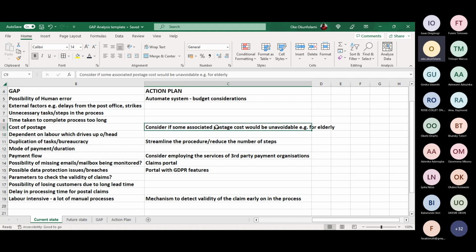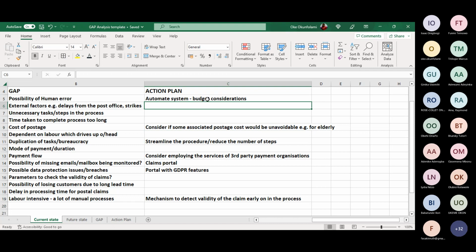So for example, this postage cost, you might not want to start a process with self-addressed envelopes, or are we just going to agree that it is a cost that the business will incur? However, if we combine it with automation and having a claims portal, we can drive down the number of postal claims, because we now know that we'll be targeting the elderly and the people that need assistance, that are not tech savvy, right?